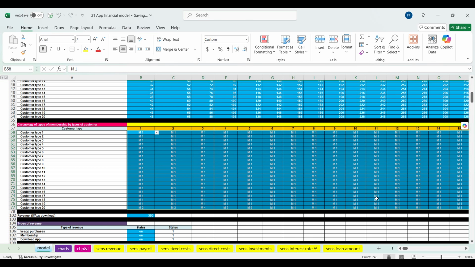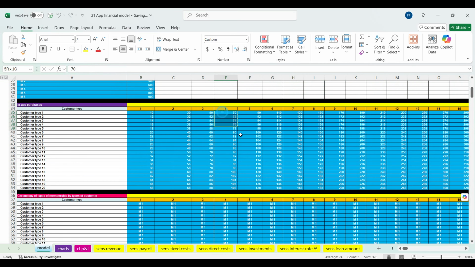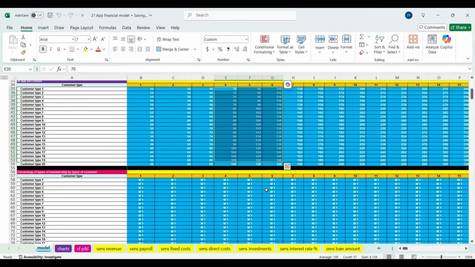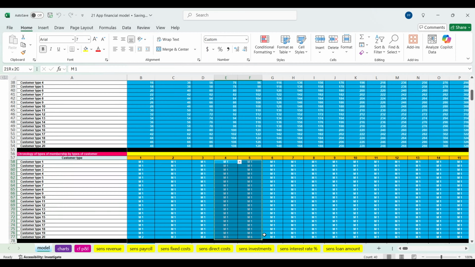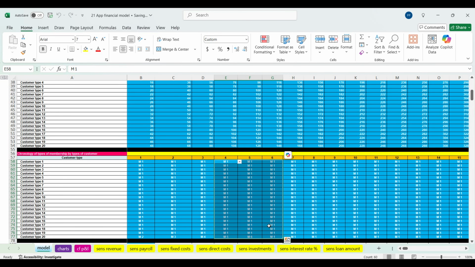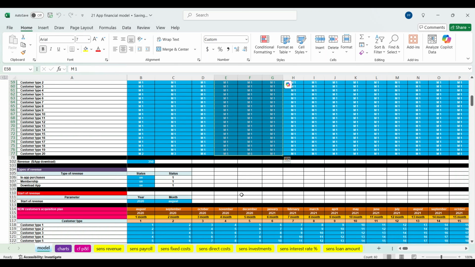So usually future business owners are playing with these two blocks of inputs a lot. When the model is ready, they are playing with all these inputs, building scenarios. What will happen if the customers are jumping to more expensive memberships earlier or later? This will tell you a lot about your business idea.